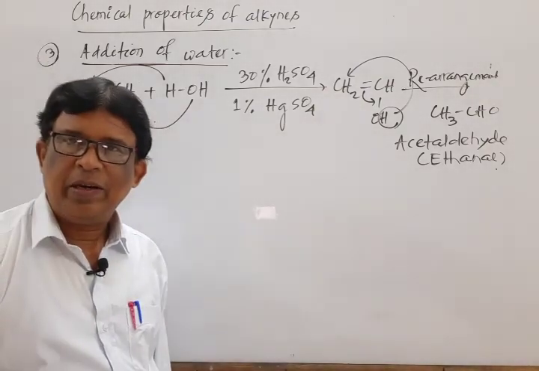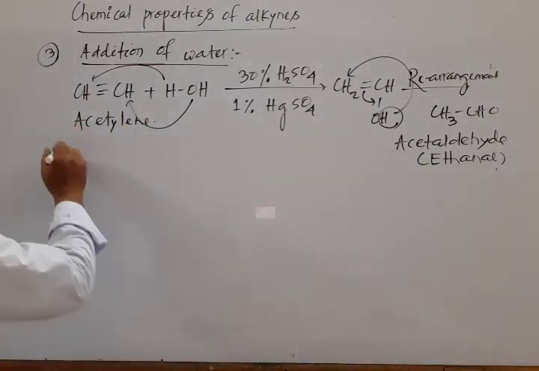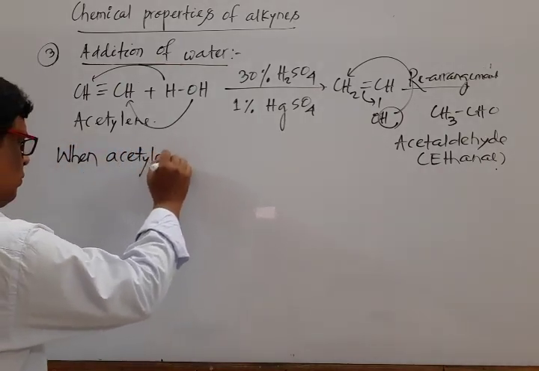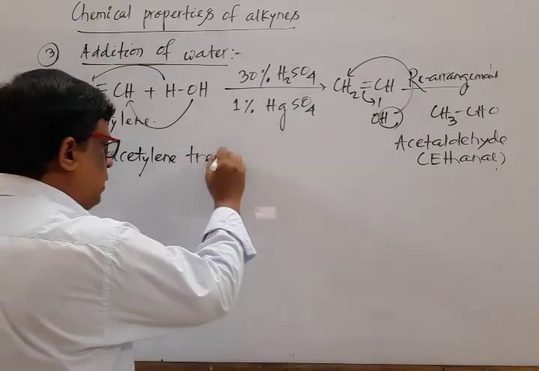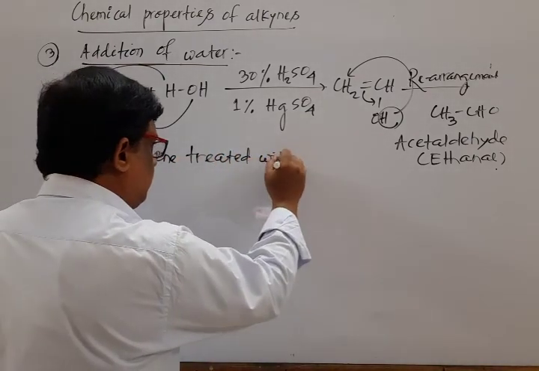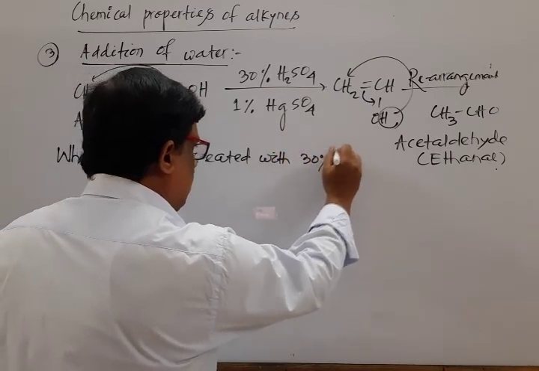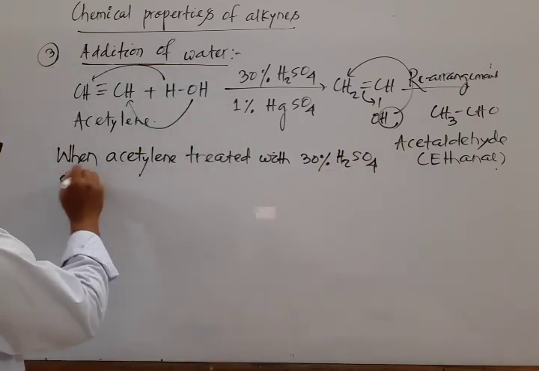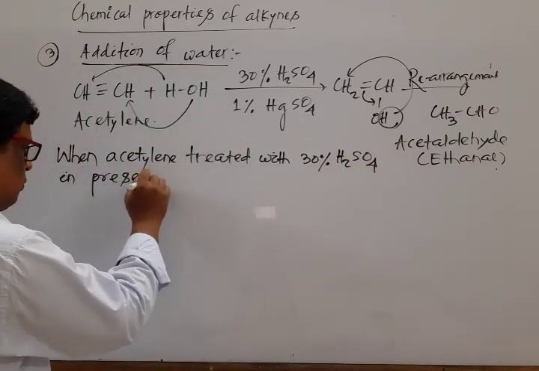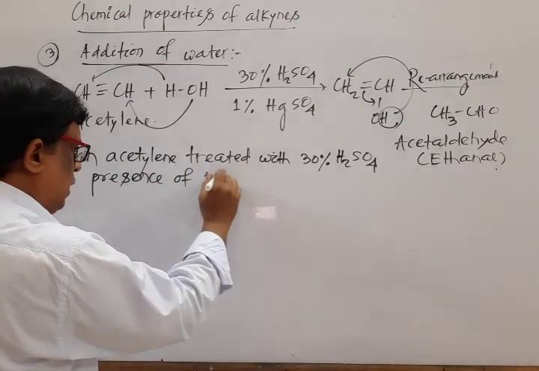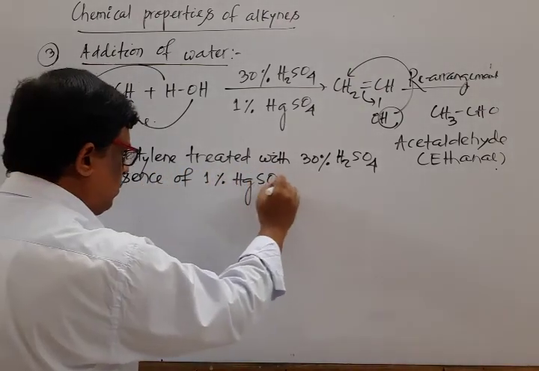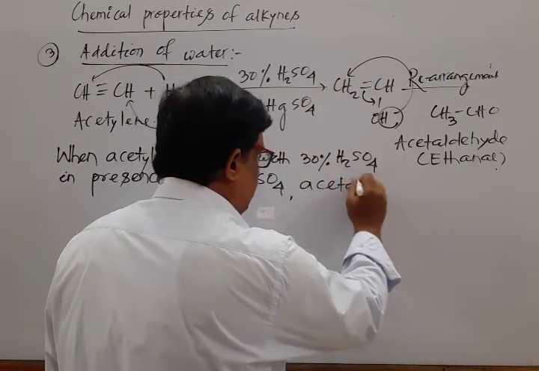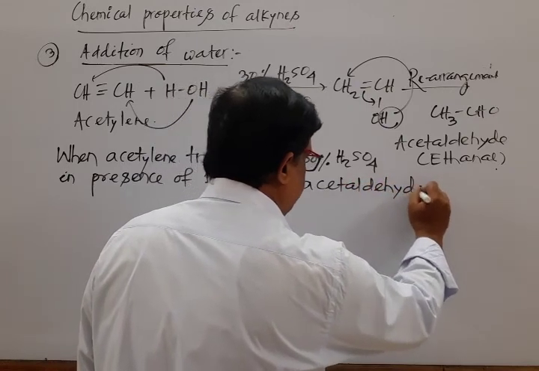Okay, now write the statement. Note down. When acetylene is treated with 30% sulfuric acid in presence of 1% mercuric sulfate, acetaldehyde is formed.